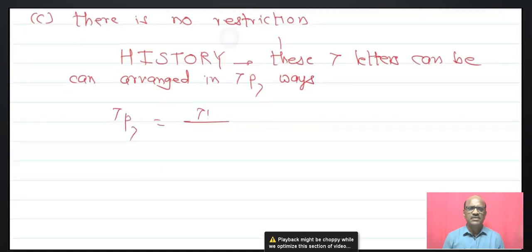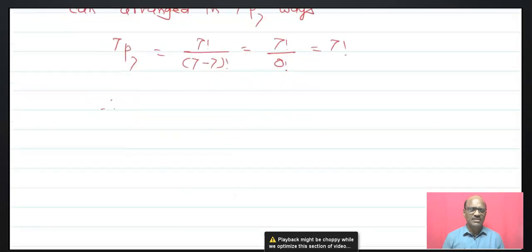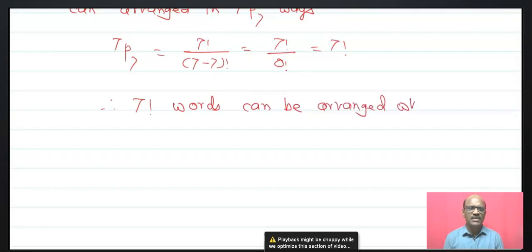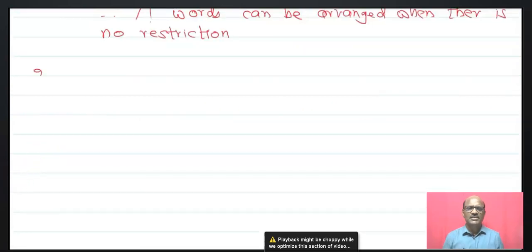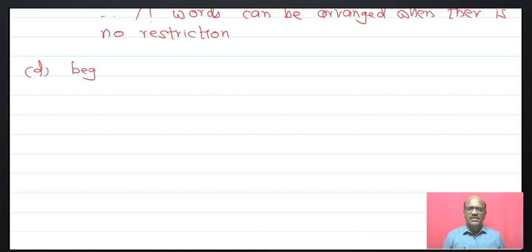That is 7 factorial upon (7 minus 7) factorial, overall it is 7 factorial. We can arrange 7 factorial words when there is no restriction. Next, the D part.